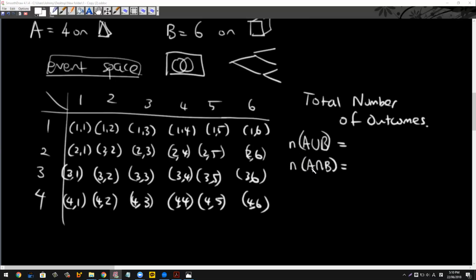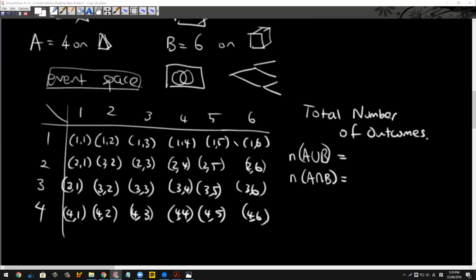So I want you to tell me, in this total number of 24 outcomes, which one of these is 4 on the tetrahedral die and 6 on the cubical die?